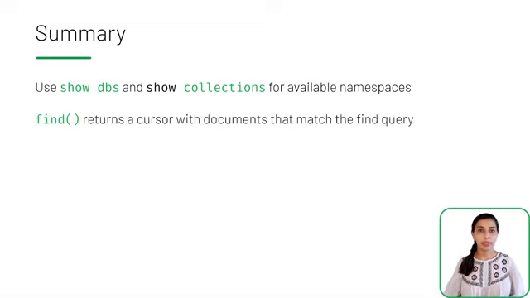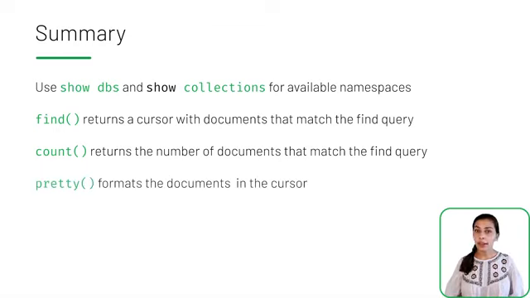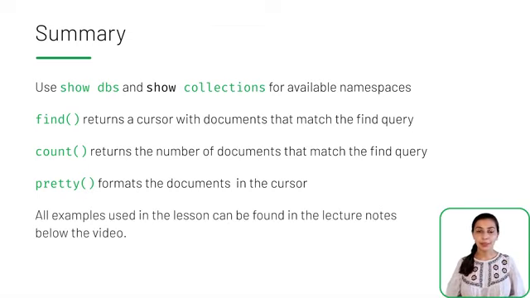We then queried the data using the find command, which returned a cursor with documents that matched our query. Finally, we learned to find out how many documents match a given query using count, and how to view documents in the cursor in a nicer, more readable way using pretty. All examples used in the lesson can be found in the lecture notes below the video.